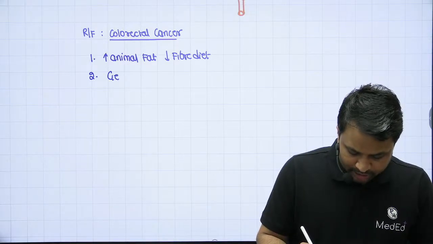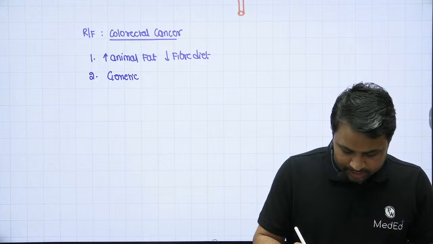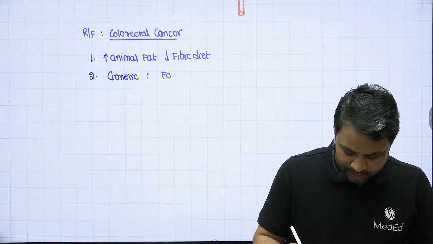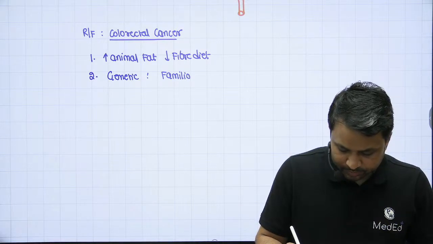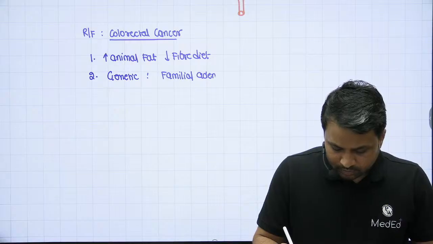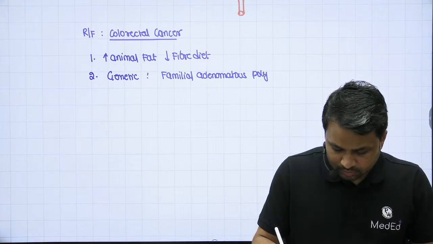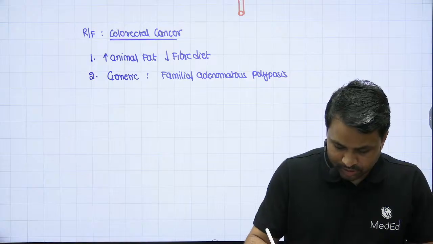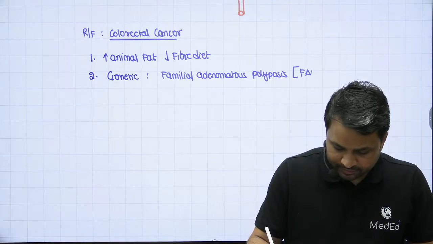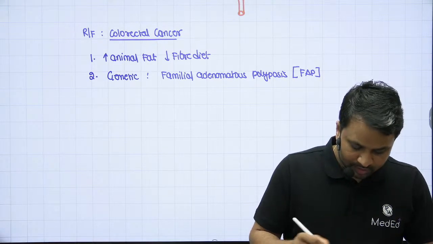There are genetic components. In genetic components, we have familial adenomatous polyposis, which is called FAP. Then you have Gardner syndrome.